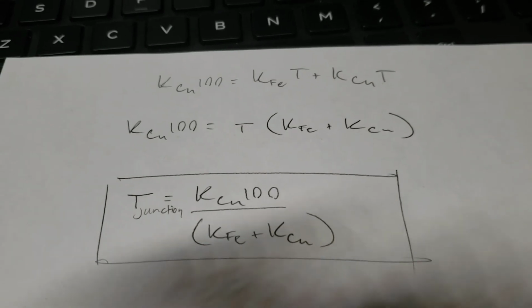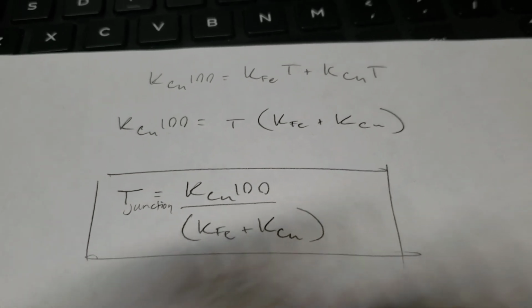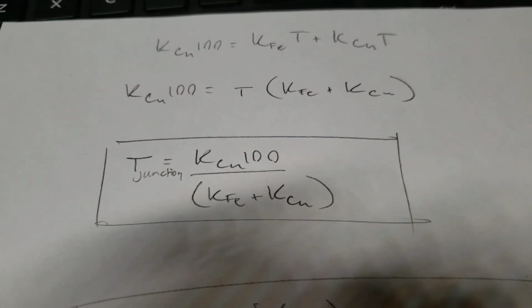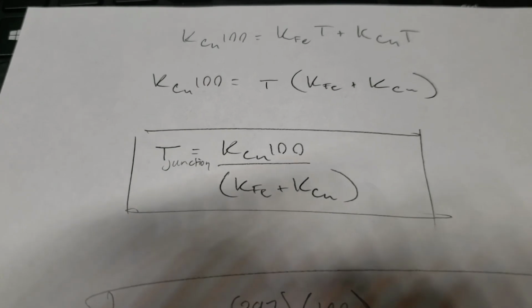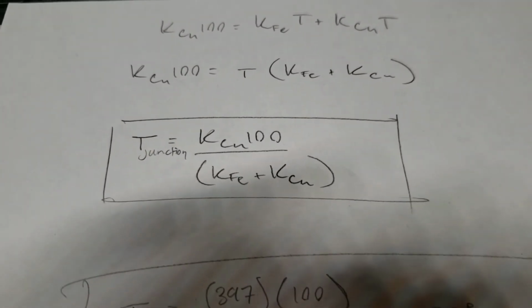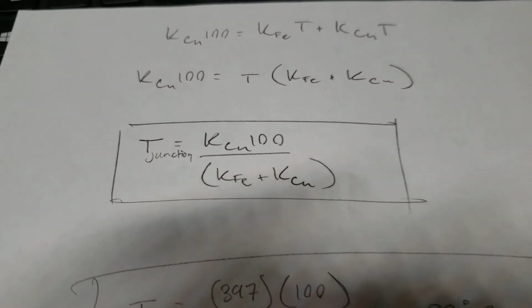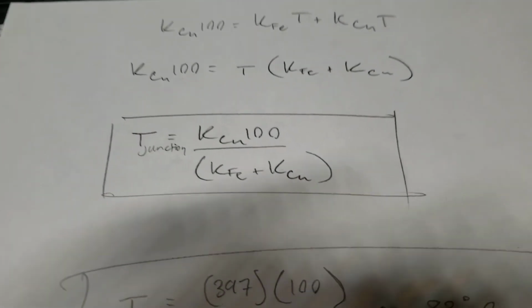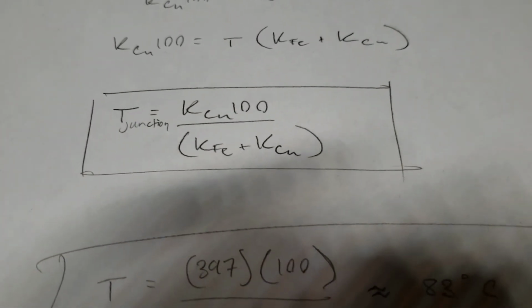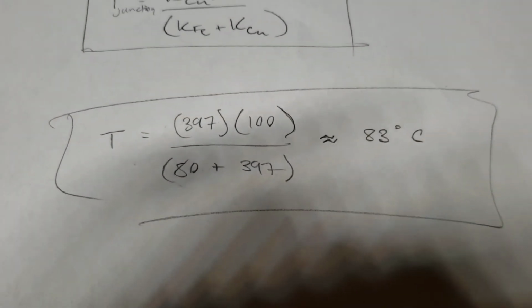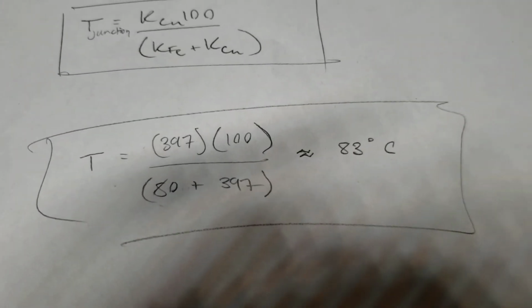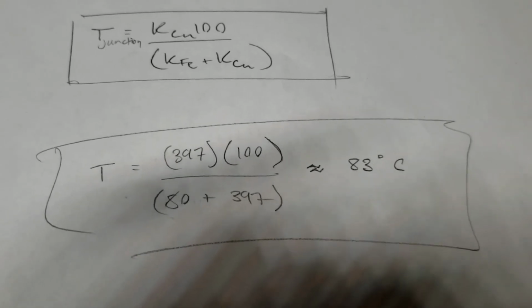So we factor out T, and then isolate for T algebraically. And again, T is the temperature at the midpoint, or the junction. So T is equal to K_Cu times 100 over K_Fe plus K_Cu. That's the answer. We know it's the answer because it's in terms of only known values. And if you want, you can substitute in the numbers to get about 83 degrees Celsius as the temperature at the midpoint of the rod.